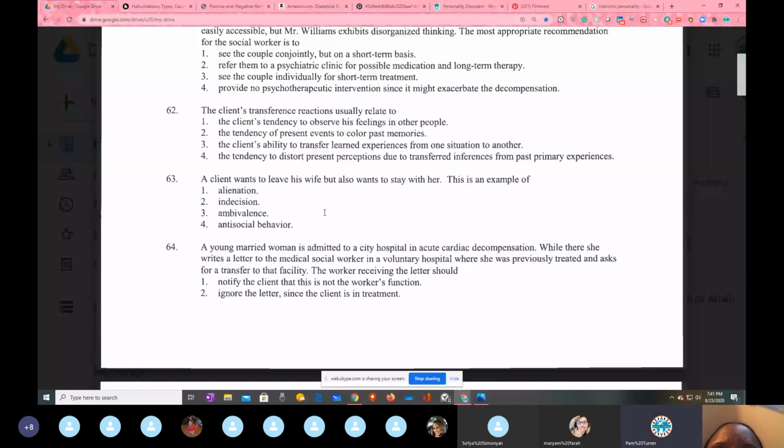Okay. So 62, the client's transference reaction usually relates to... I'm looking at 62. What is my answer? The client's ability to transfer learned experiences to another. Not quite. Not quite. The client's transference to observe his feelings in other people.